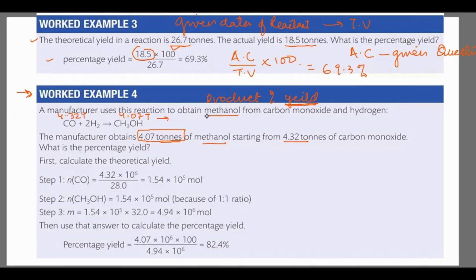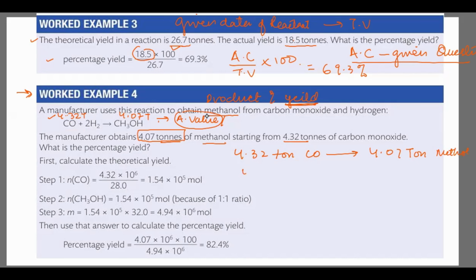And this is my actual value, which they're producing through an experiment or through the industrial process. As I told you, the actual value is given to you in the question. They're saying that this much production is starting from this. So 4.32 tons of carbon monoxide is giving us 4.07 tons of methanol.